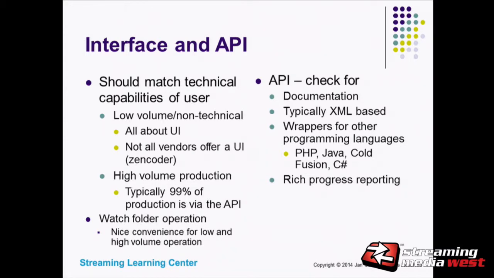We're just going to go API only. And that's fine for the customers they're targeting, but if you're a smaller enterprise that wants to start with cloud, that's not going to work for you. And then you want to make sure the API documentation and the API itself is going to work for your technical capabilities.